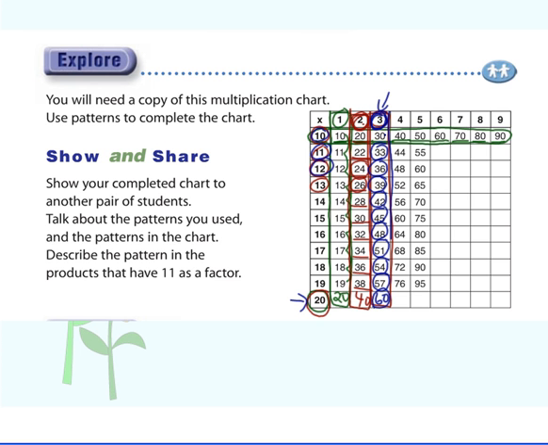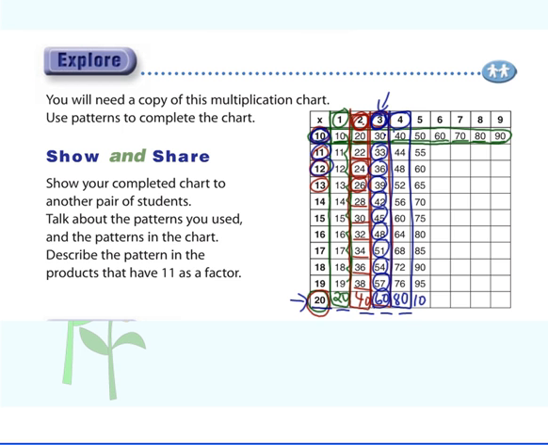So let's look at column 4. Here we're multiplying by 4. 4 times 10 is 40. Then we're going up 4 each time. So 76, 4 more will be 80. Notice there's patterns along the bottom. Since it's 20, it's going up by 20 each time. 20, 40, 60, 80.